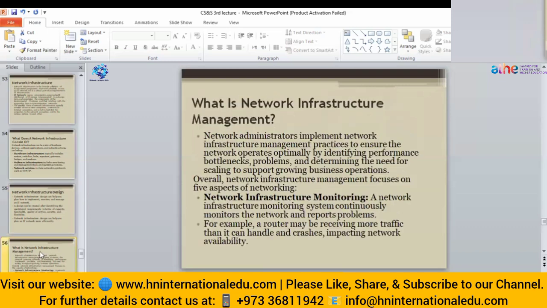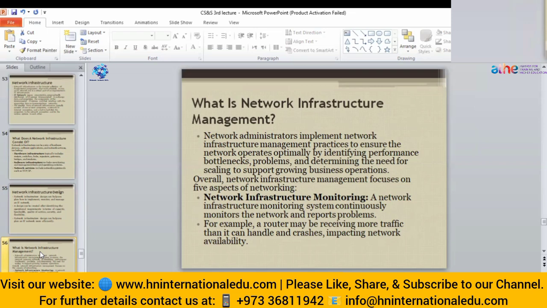What is network infrastructure management? Now we have established a network, and we have to manage, update, and monitor that network. So the network administrators implement network infrastructure management practices to ensure the network operates optimally by identifying performance bottlenecks and problems, and determining the need for scaling to support growing business operations.